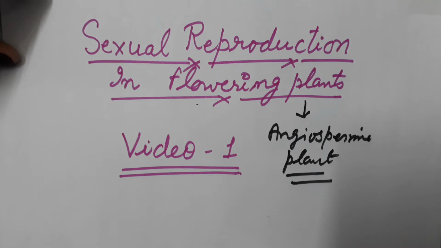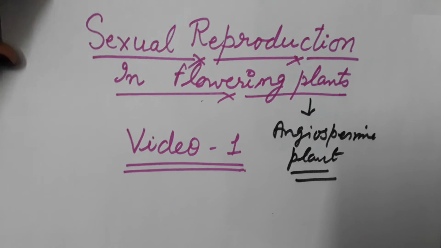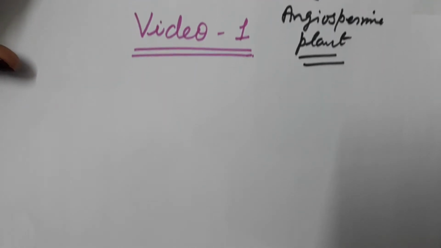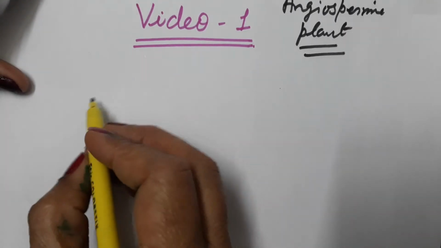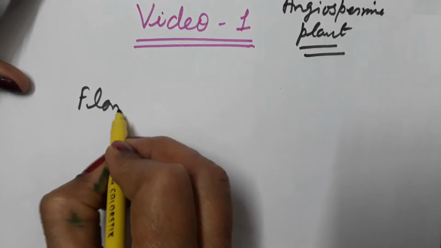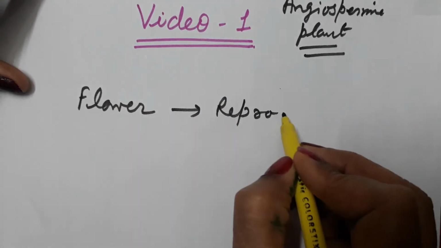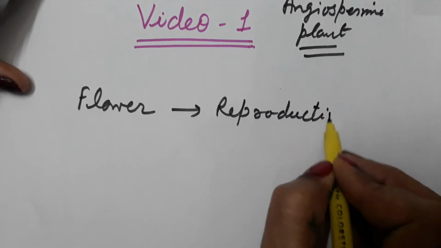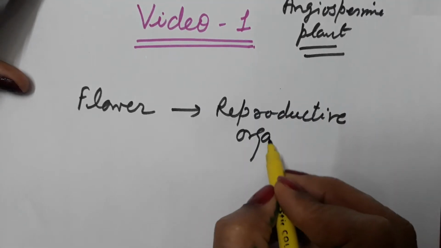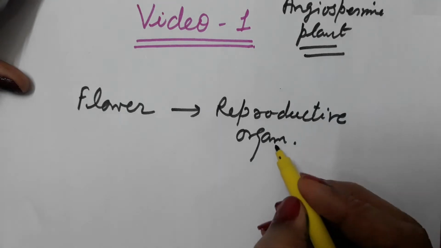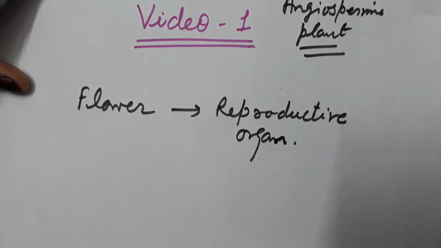That is, the growth and development of flower started after completion of the vegetative phase. So flower is the reproductive organ which participate in sexual reproduction.